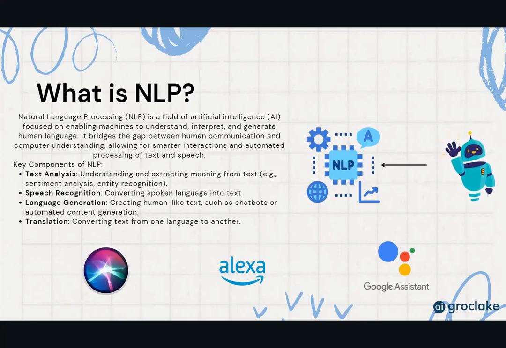You have already seen many products in the market right now, like Siri, Alexa, and Google Assistant. Have you ever thought about how they can interact in English, and not talk in binary, in the language of computers? They can talk in English, Hindi, Malayalam, Telugu, any language you want.